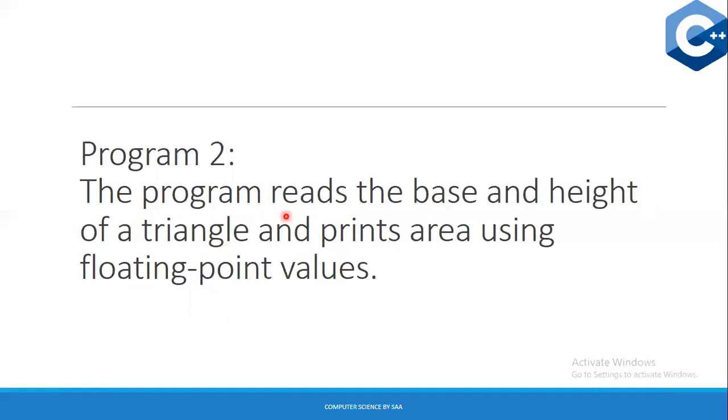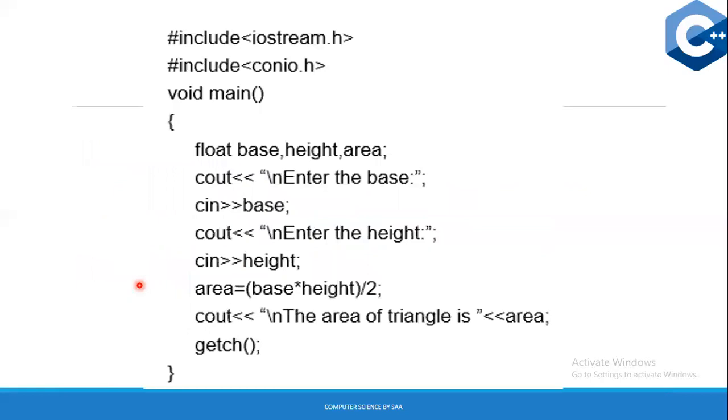The program should read the base and height. So it means we have to get the values for the base and height from the user, and we have to find out the area by using floating point values. So it means we will be declaring the variables of the data type float.